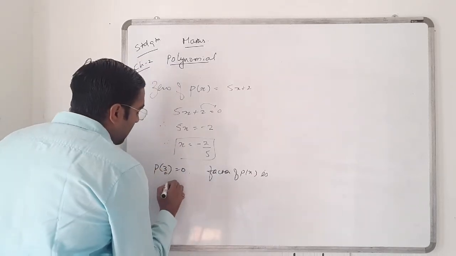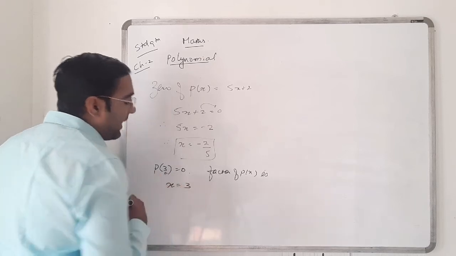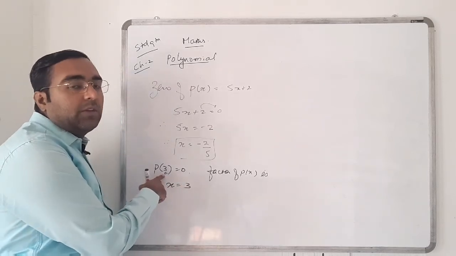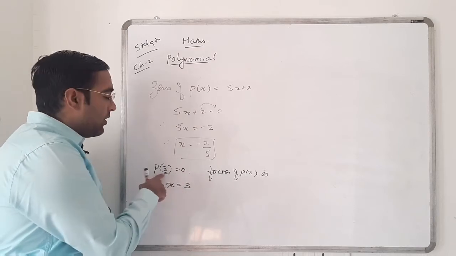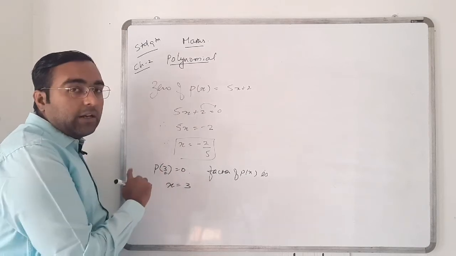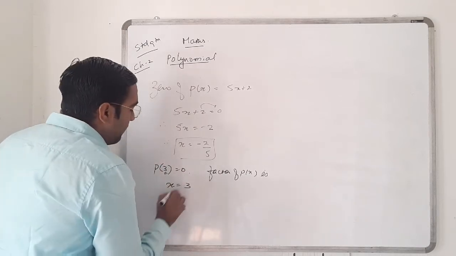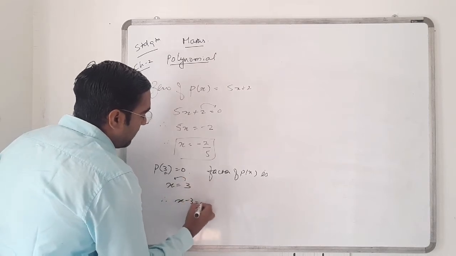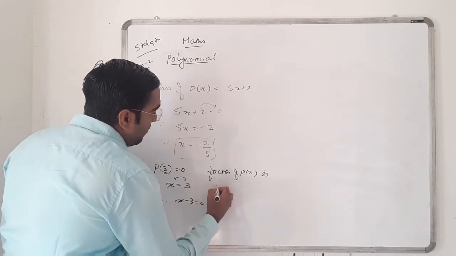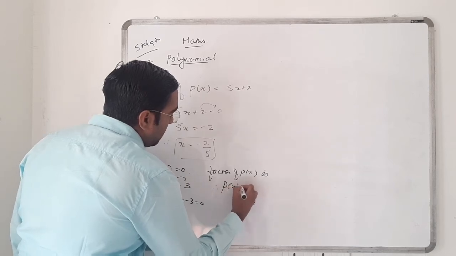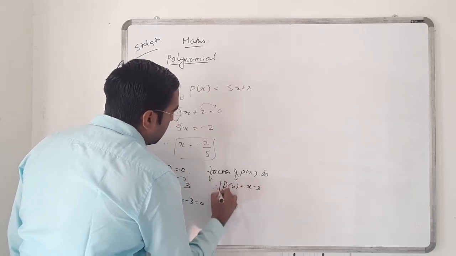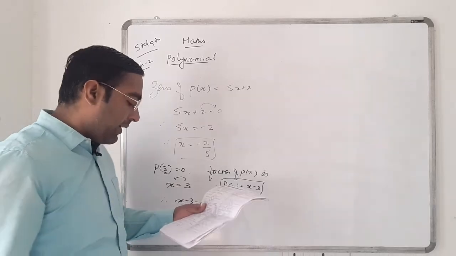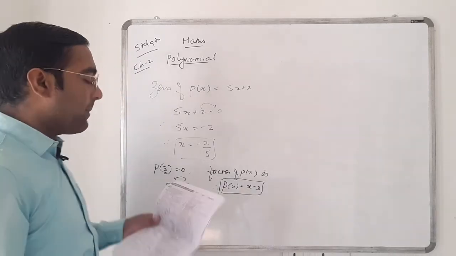So I'll take x equal to directly 3. Okay, because here p of 3 is given equal to 0. So therefore now 3 is shifted to the other side. So x minus 3 is equal to 0. Therefore the factor of p of x is x minus 3. Okay, so your answer will be x minus 3, option A.